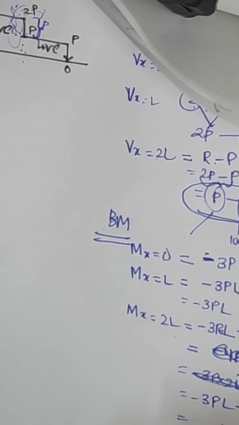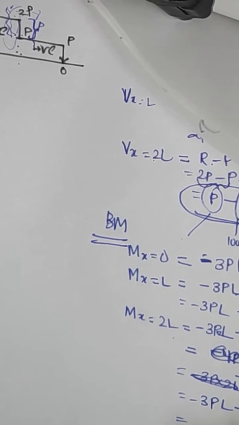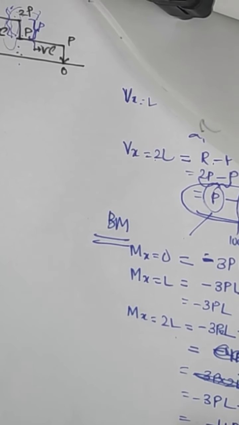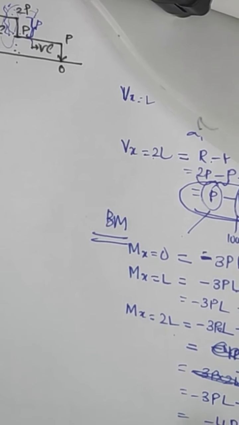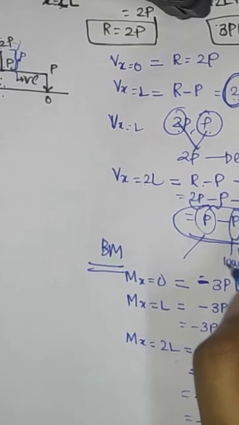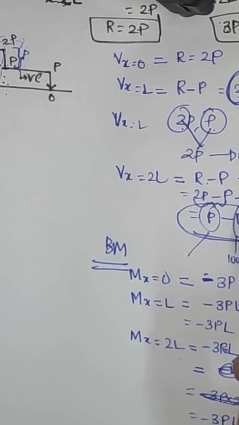Minus 3PL, and this is 4PL, minus 4PL, and you will be getting plus 4PL. So the answer is 0.